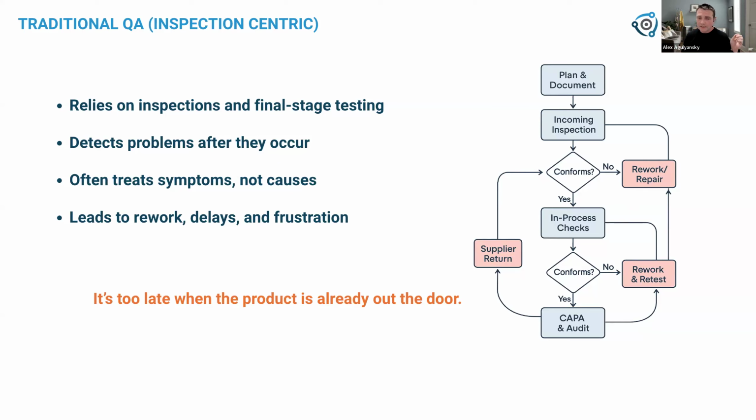But the point is once the product or portion of the product is past a certain stage, it's too late. If it's faulty, it's faulty. Now you need to spend much more time and money. You can't really fix it, but you make sure that your customers eventually don't get that faulty product or service.